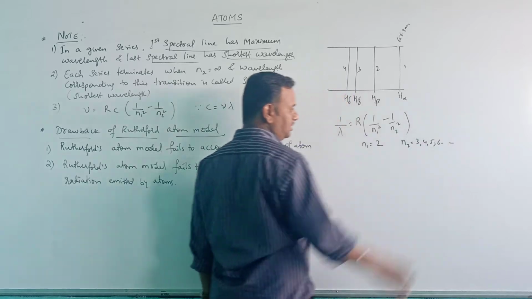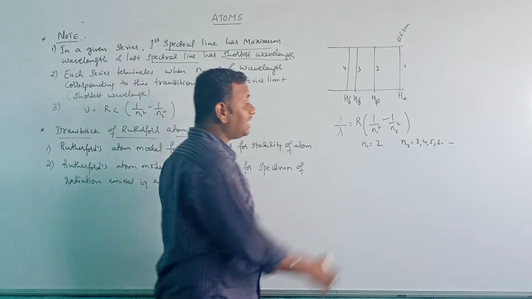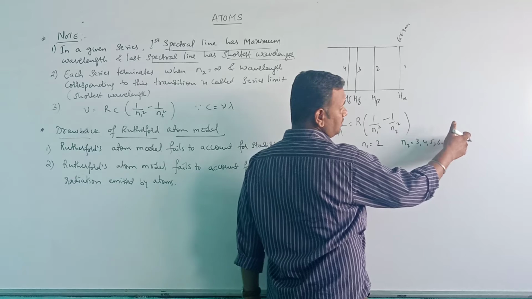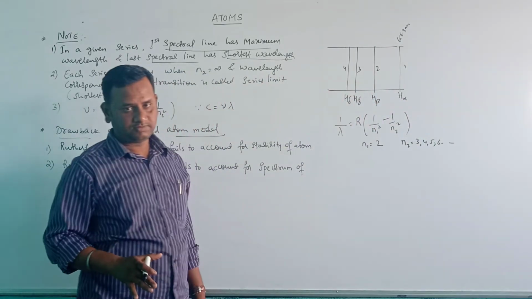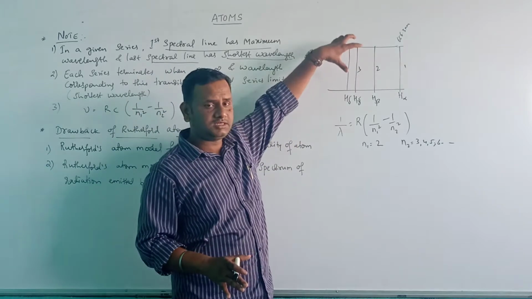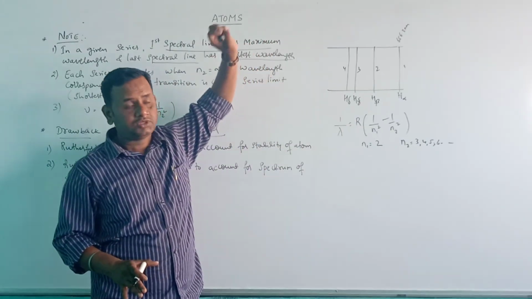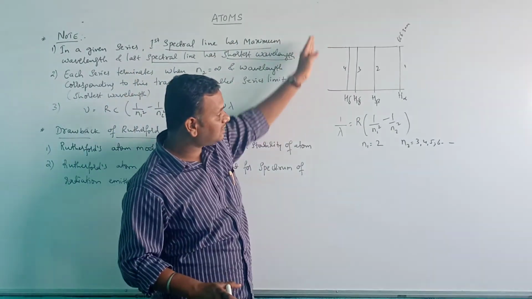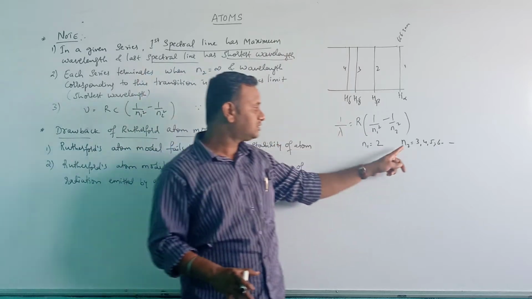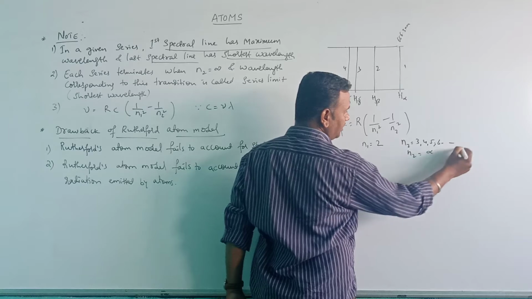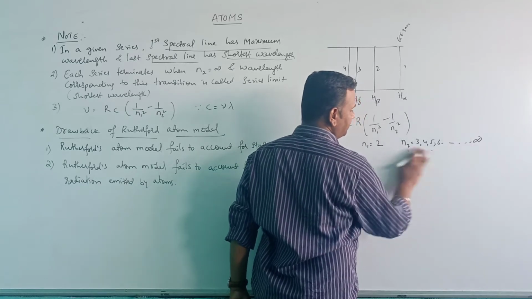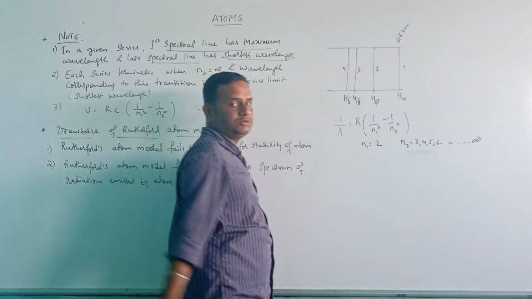So we have many spectral lines here. The last line which terminates the series, because each series is going to terminate, I can take as n2 is equal to infinity.